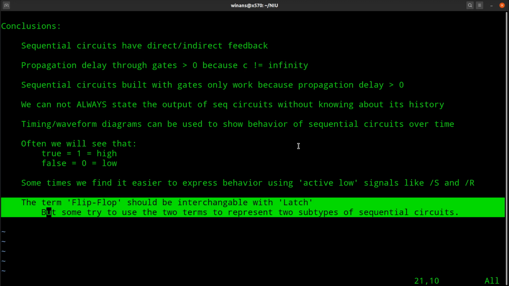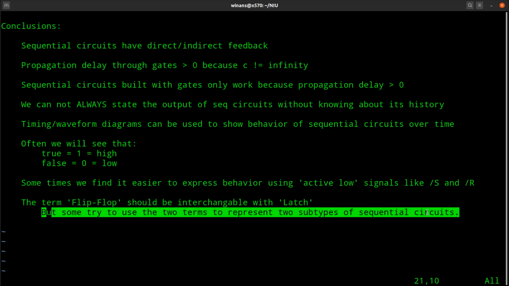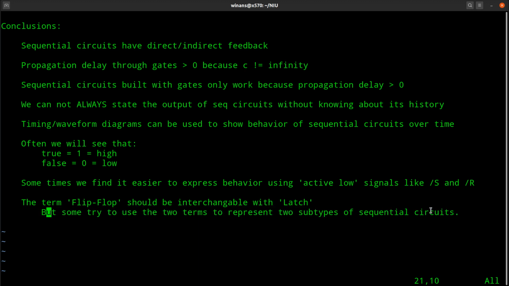It's a thing. I will do my best in this tutorial to use the words latch and flip-flop in a way that's compatible with these people that decided to all of a sudden prescribe meaning to them. Okay? It doesn't matter, in my opinion, whether you use this word or that word.